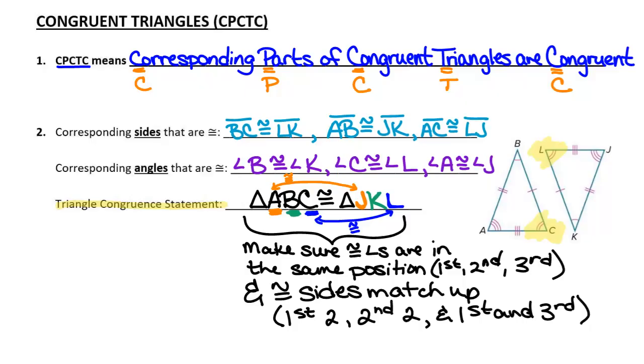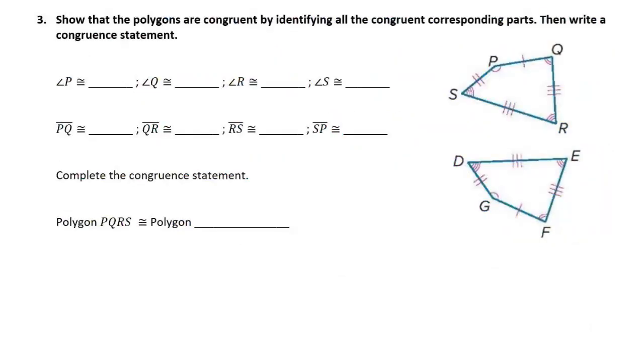Let's look down at number 3 and see if we can make some sense from number 3. Show that the polygons are congruent by identifying all the congruent corresponding parts, then write a congruence statement. So angle P is the first one that we want. Angle P has one congruence marking on it. What does that correspond to on the other polygon?